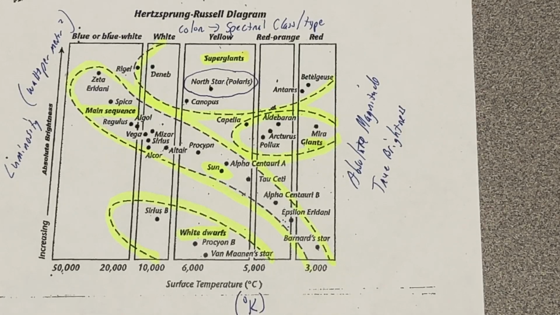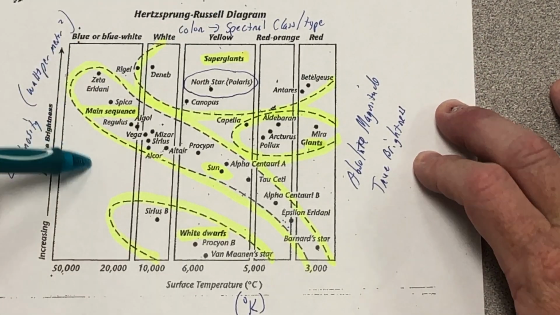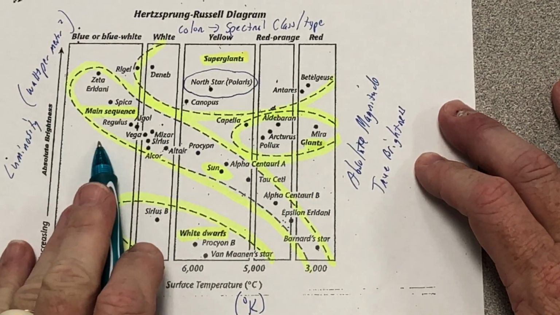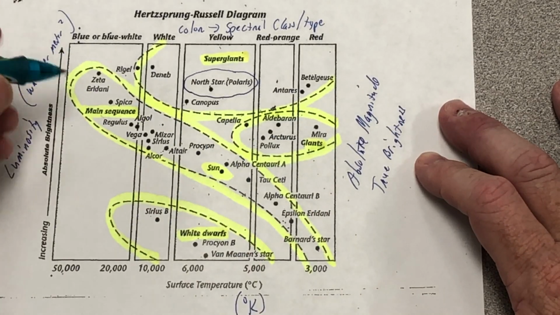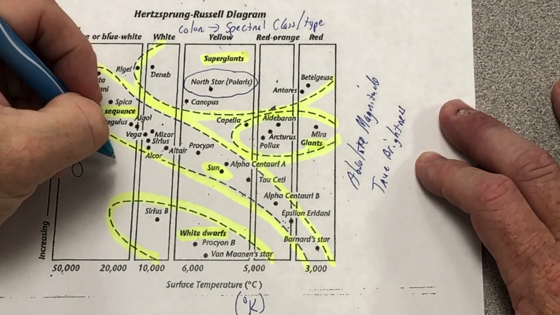Now, I do want to point out one thing. We're going to go back to the spectral class for a moment. Some Hertzsprung-Russell diagrams, you will see letters going across here, solid letters. For example, you'll have an O here, okay? You'll have a B sort of right here in the middle.